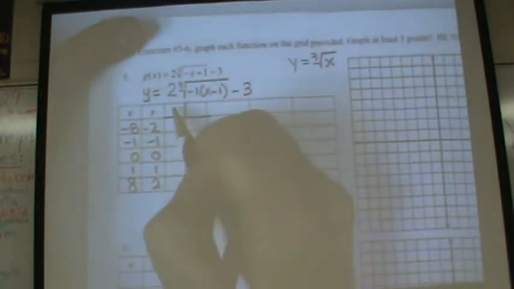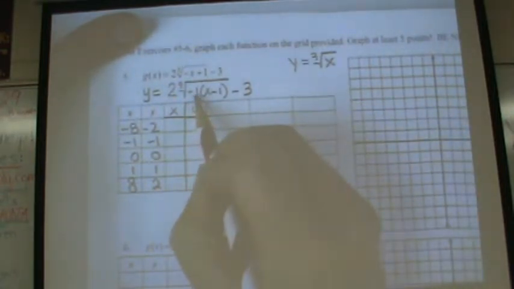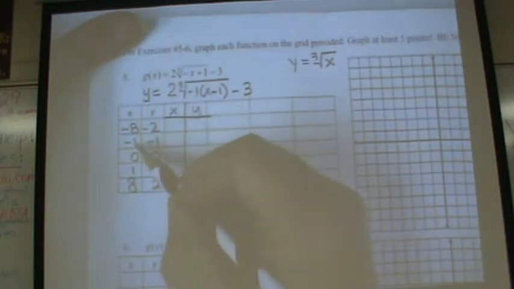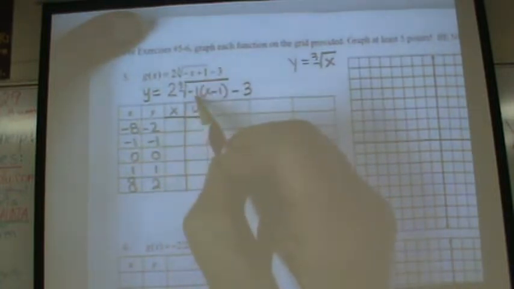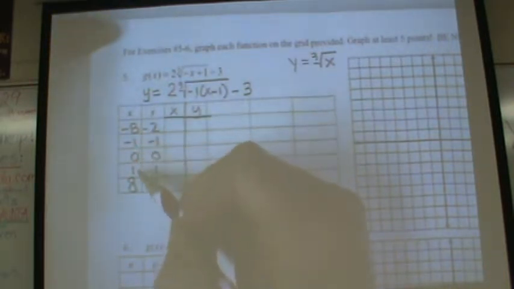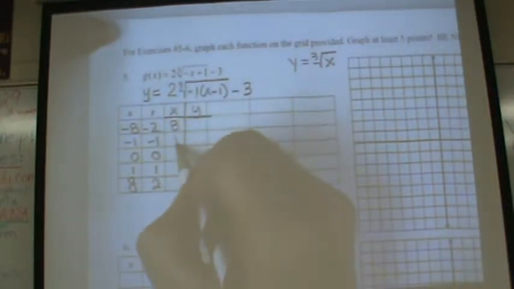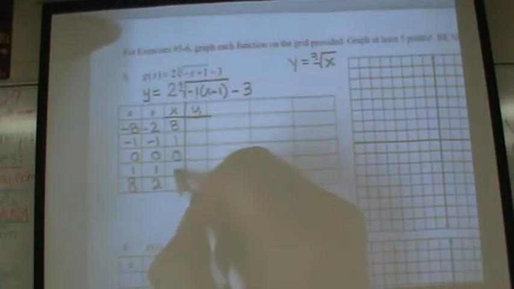If you want to, you can. But your first transformation begins here. That's your A value. You're going to multiply all the X values by whatever. You're going to flip that number. You'll end up getting -1 when you flip it. So multiplying these all by -1, you get 8, 1, 0, -1, and -8.